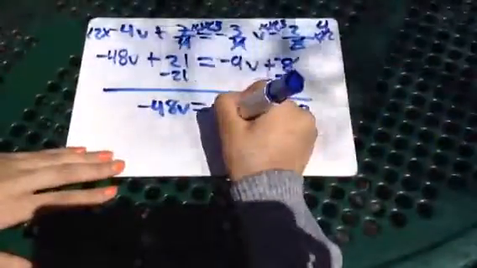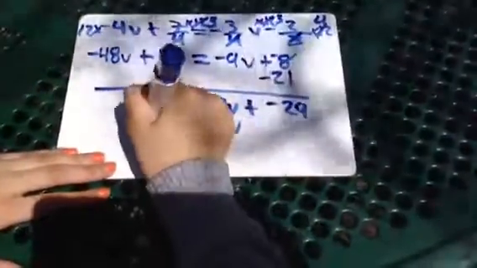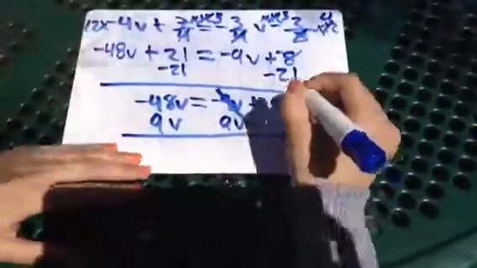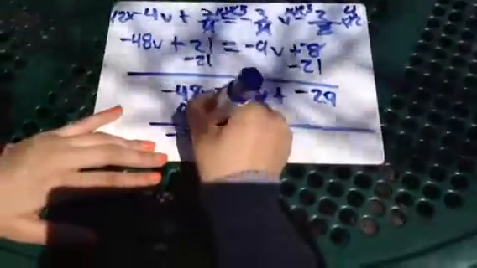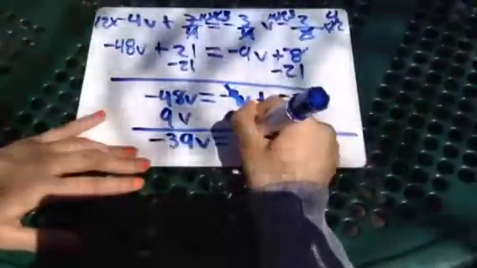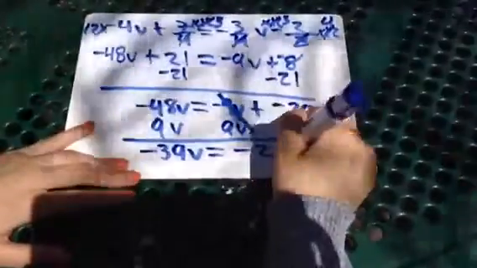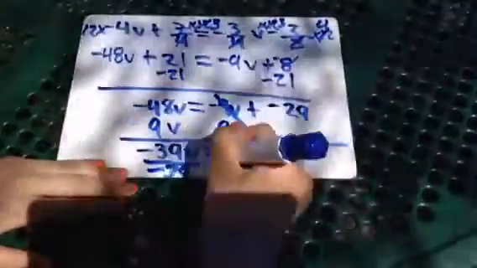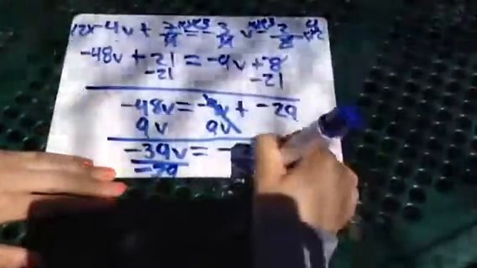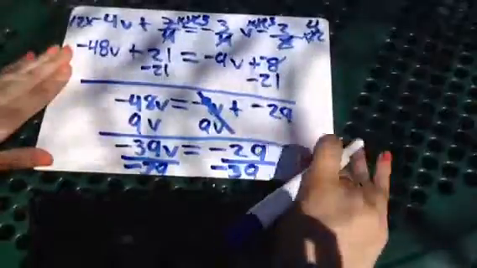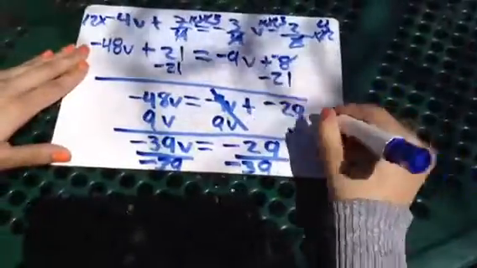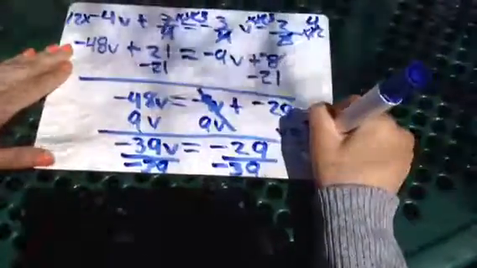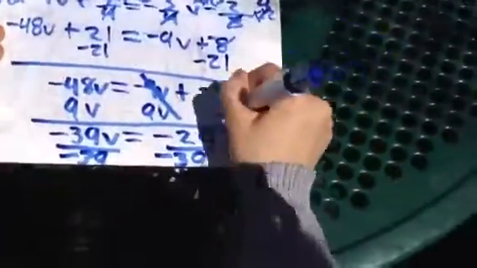You then add 9v to both sides of the equation. This leaves you with negative 39v equals negative 29. You then divide both sides of the equation by negative 39. This leaves you with the answer v equals 29 over 39.